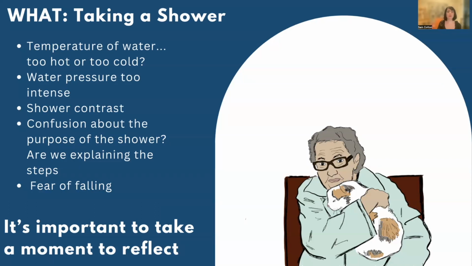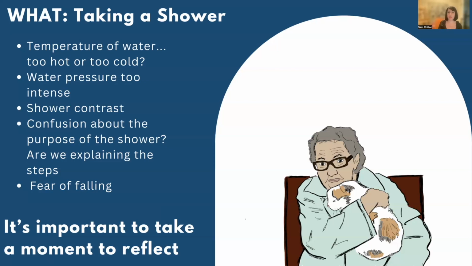And then there might be this general fear associated with showering. Maybe one time they had a bad experience. Maybe there was a fall or something else. And so they might not be able to explain to us that they're having that fear of the shower, but that could be part of it as well.